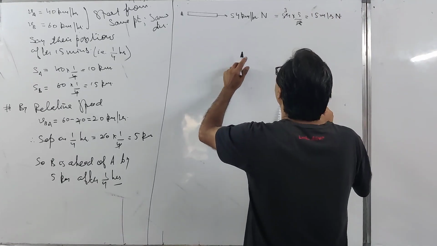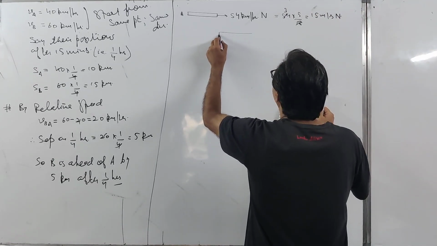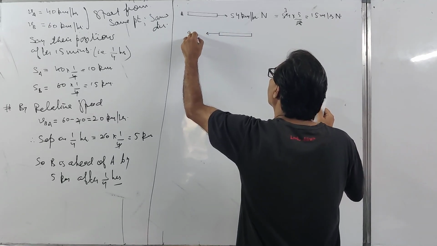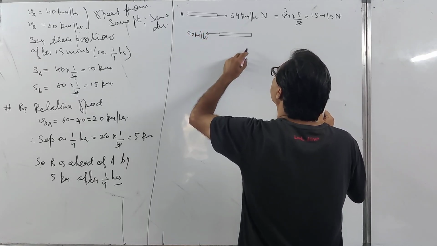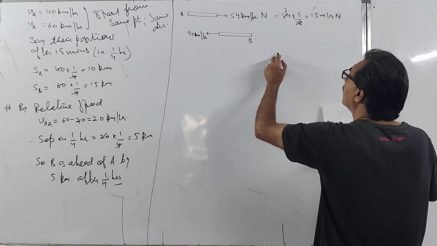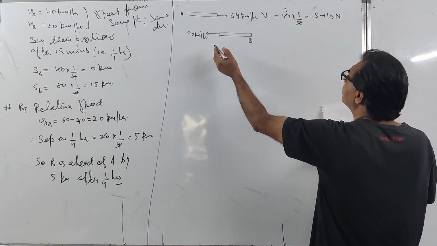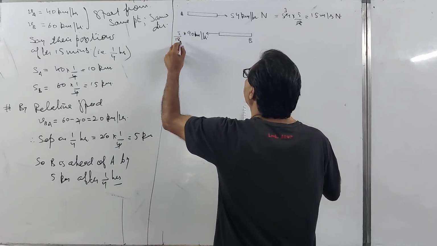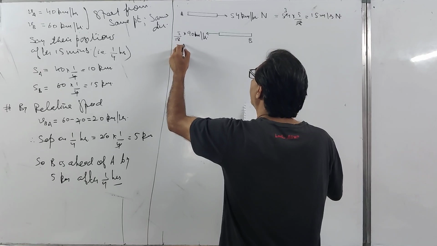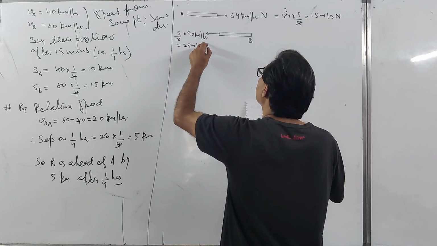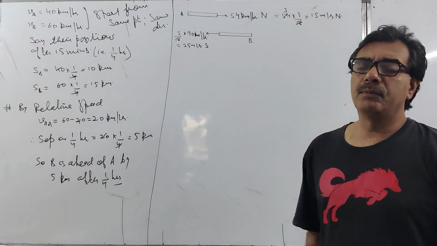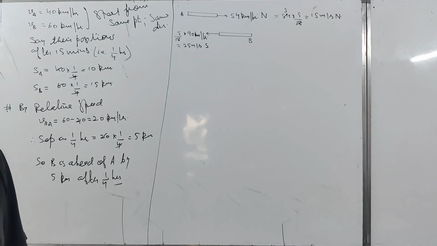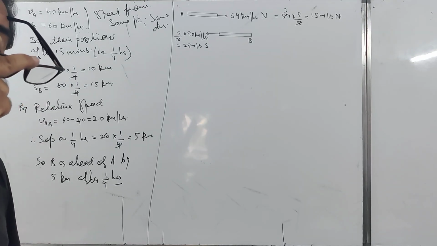And there is another train which is moving towards south at the rate of 90 kilometers per hour, B. Okay? So velocity of B is 90 kilometers per hour, and this would obviously be 90 into 5 by 18, which is 25 meters per second south. So you have two trains, A moving with a speed of 15 meters per second towards north, and B moving with a speed of 25 meters per second south.